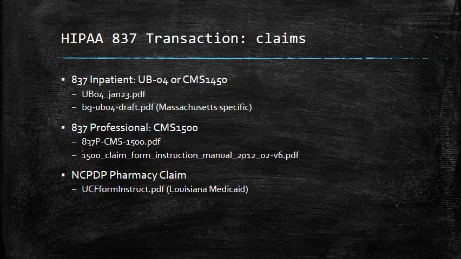I have a PDF with the form itself, and a Massachusetts version of the instructions. The 837 Professional, the form is also called the CMS 1500 or 1500 claim. I've included an instruction manual on the 1500 so you can see what that looks like. For pharmacy claims, there's the NCPDP claim form, and there's a PDF in the additional readings describing that also.